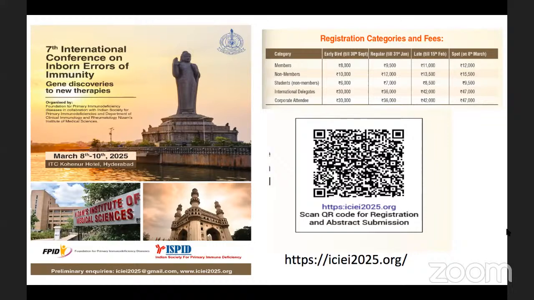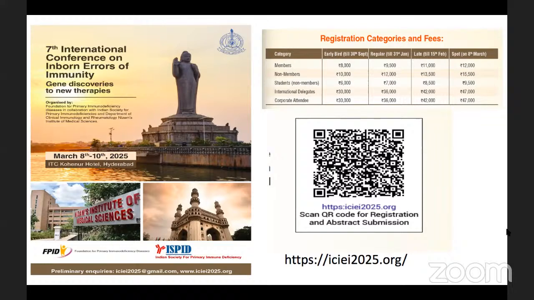What are the other IEIs that we have to suspect when a child has BCGosis after BCG vaccination, other than MSMD? So MSMD is the first thing that you will think of, but patients with chronic granulomatous disease can also present with BCGosis.